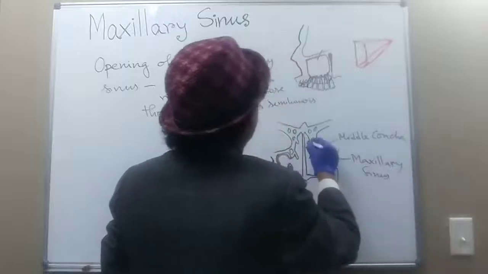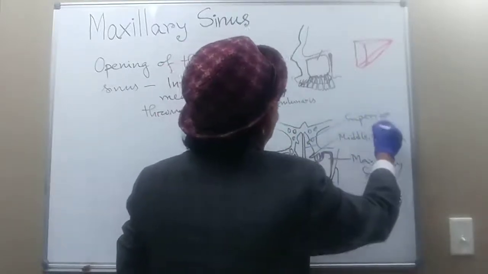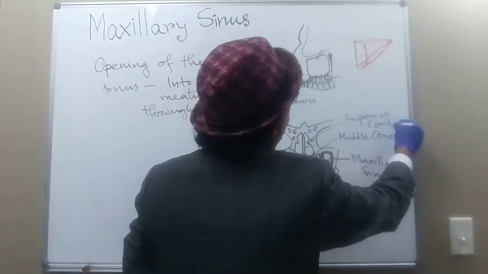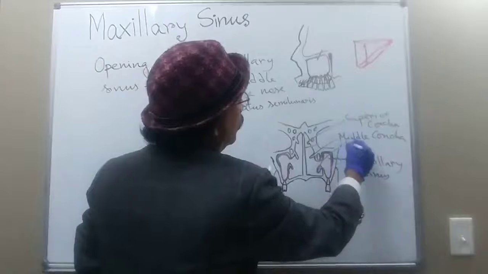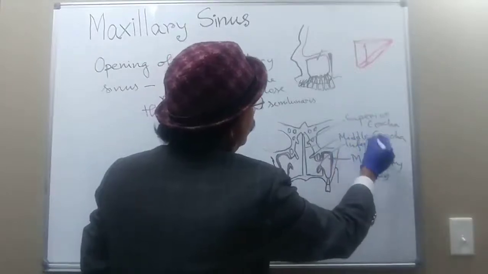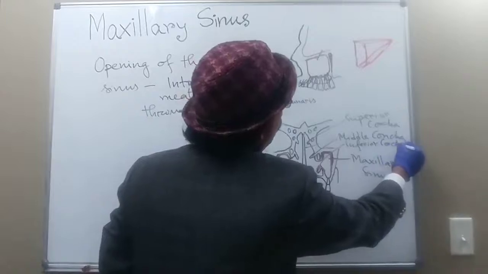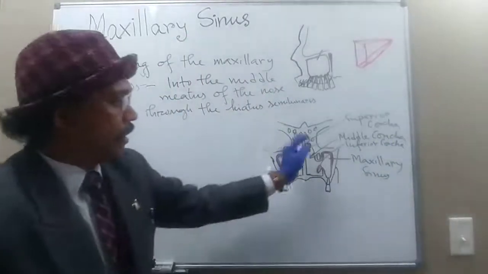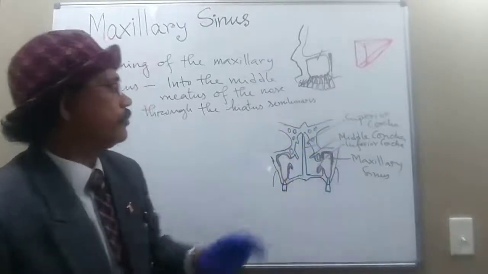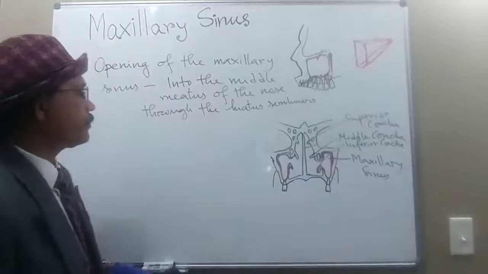This is the superior concha, and this is the inferior concha. We got that. This is the lateral wall of the nose. This is the nasal septum.